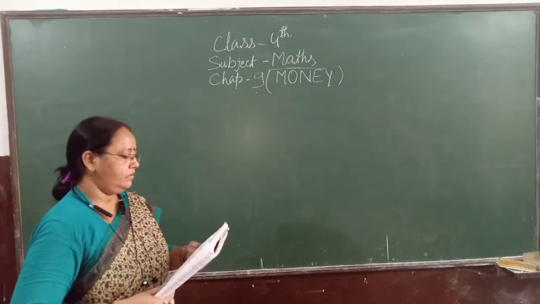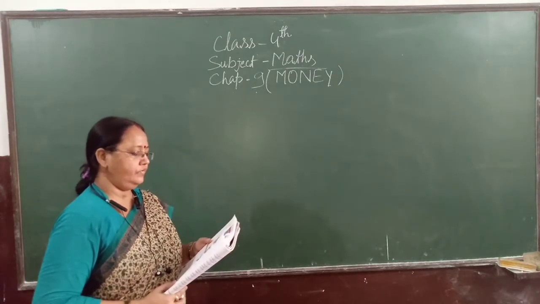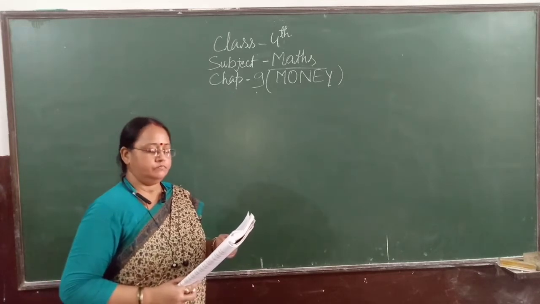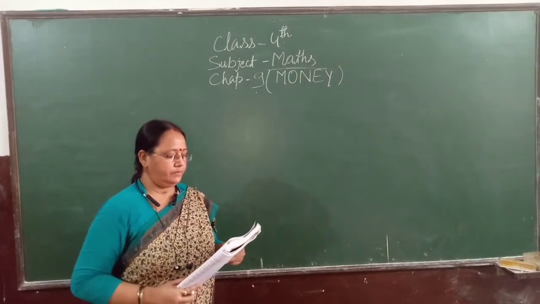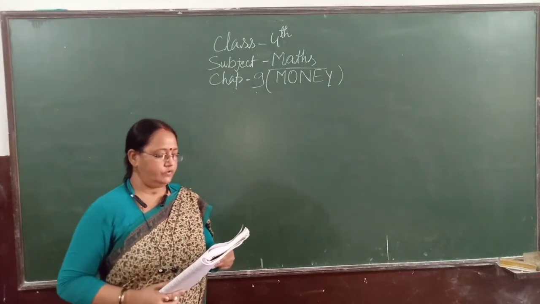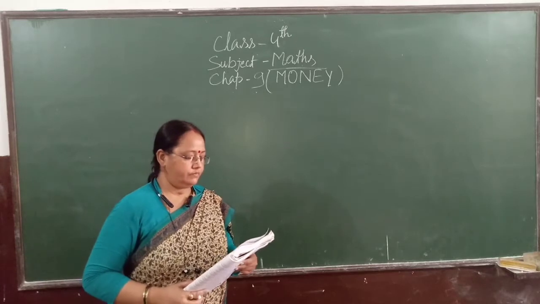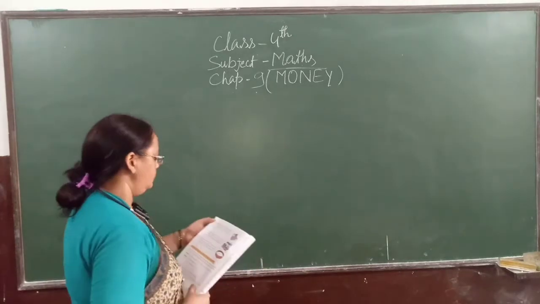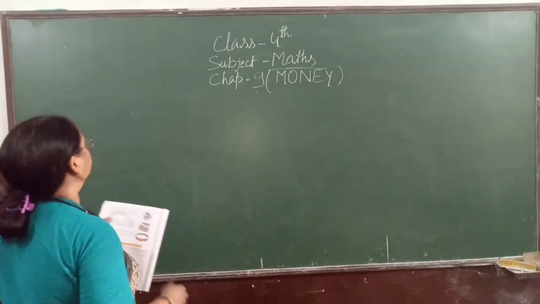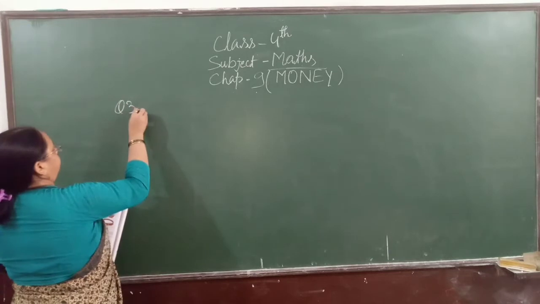Word problem. Riya bought a pen for rupees 15 paise 50, a pencil box for rupees 150 paise, and a set of color for rupees 125 and 75 paise. What must be the total bill amount? So at first we draw the bill. Question 3.